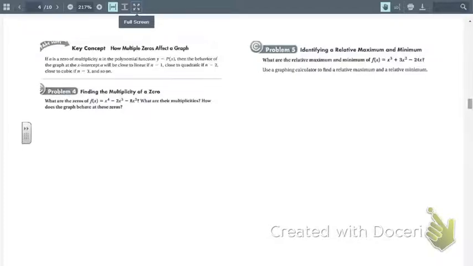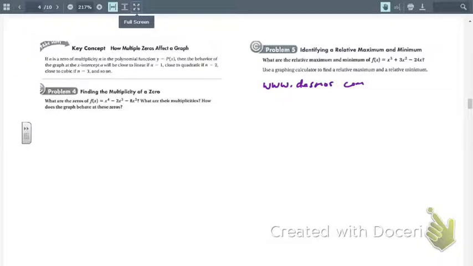We're going to go to problem 5, where you're going to be identifying a relative maximum and minimum using a graphing calculator. Now, since we're not at school, I don't know if all of you guys have graphing calculators, so we're going to be using Desmos. So I want you to go to www.desmos.com.